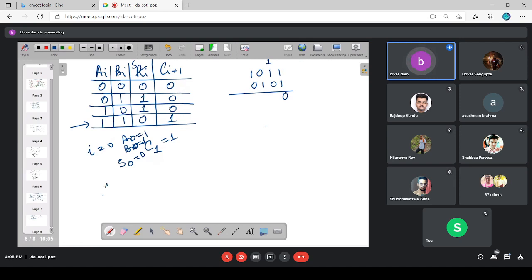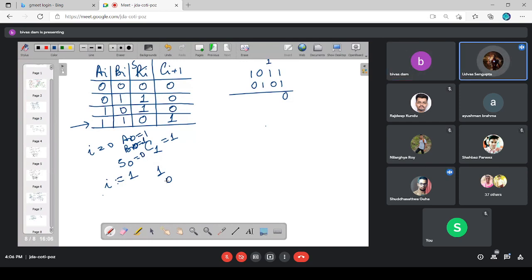Now, if you go for the I is equal to 1 stage, what is A1 and what is B1? 1, 0. But if you go for A1 plus B1, will that be sufficient to evaluate stage number 1?